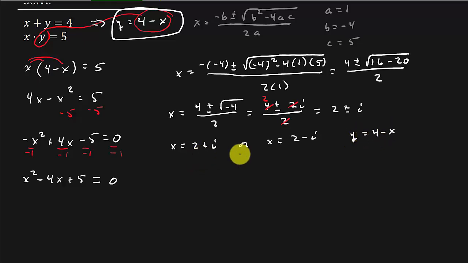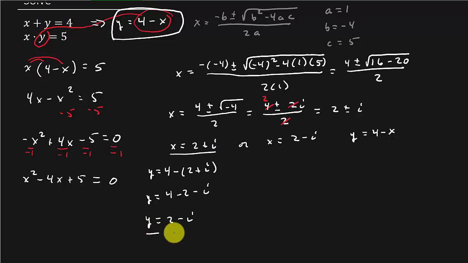So I'm going to plug each of these x values in for x. So I get y equals 4 minus 2 plus i, so y equals 4 minus 2 minus i. So y is 2 minus i. So I get x is 2 plus i, y is 2 minus i.